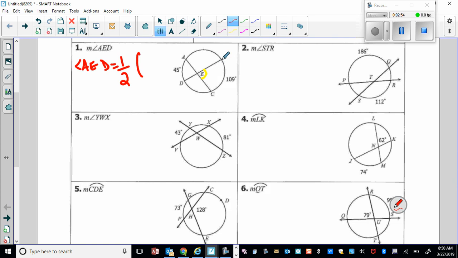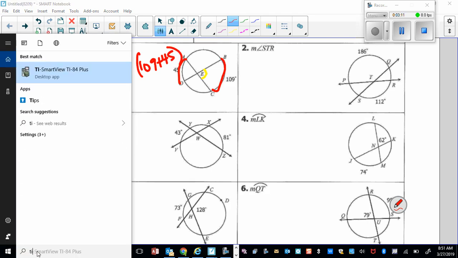What is intercepted by this chord? It's going to be 109 plus 45, right? So all we have to do is plug this into our calculator.